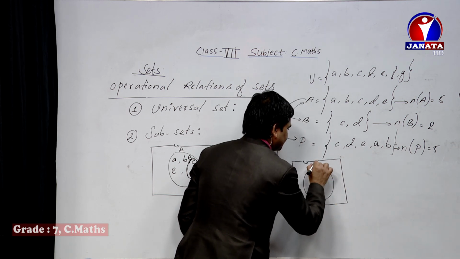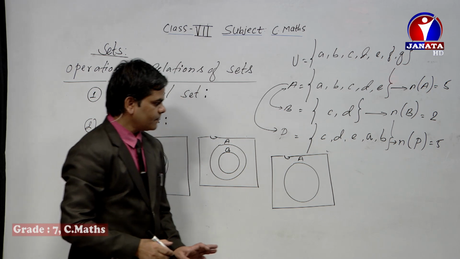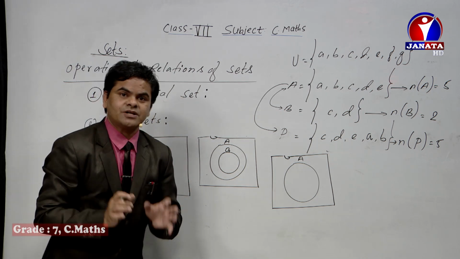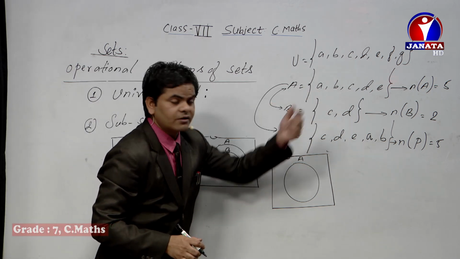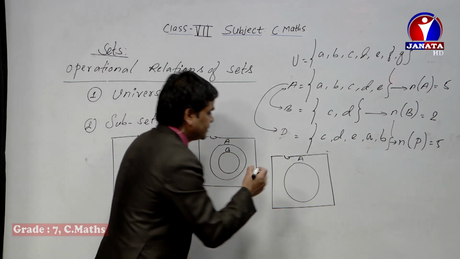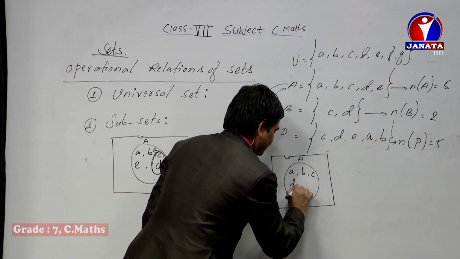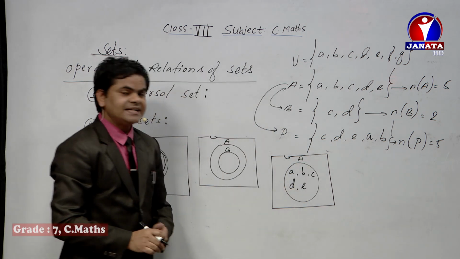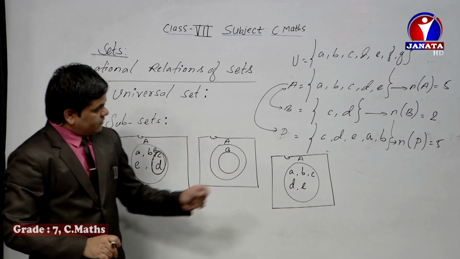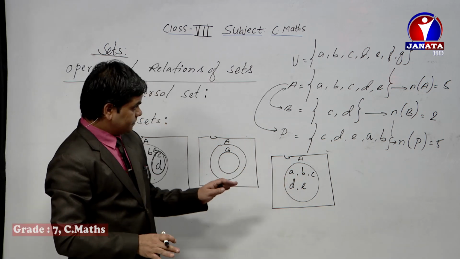So first of all, I am going to prepare A set. Let's keep all the elements of A set which are already mentioned in the question. So A, comma, B, comma, C, comma, D, comma, and E. So the last one is E. Circle A is already prepared.